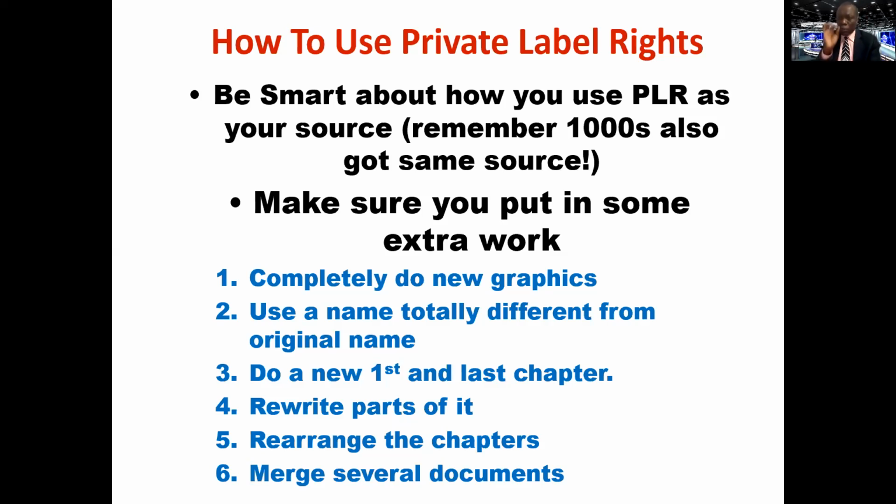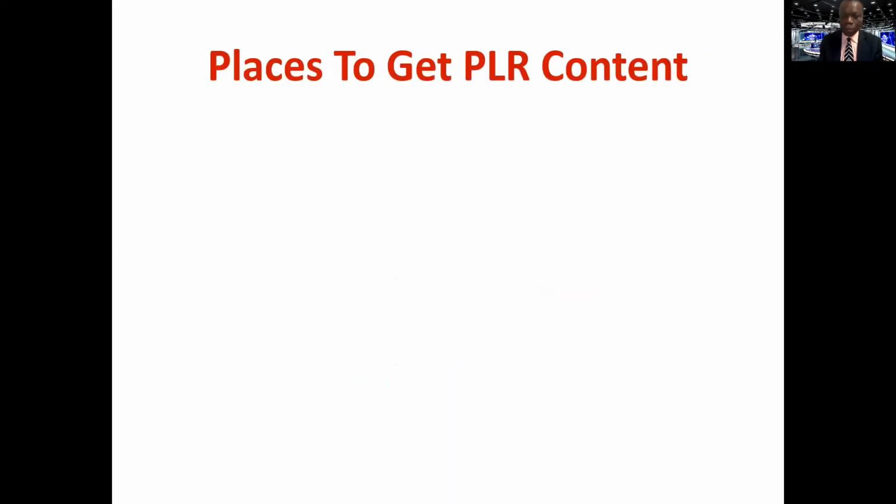Rewrite parts of the book. I'm talking about the chapter headings now. And if you still have time between now and Sunday, you can work a little bit on some of the content, but don't spend time on that. Rearrange the chapters. Merge several documents. My favorite is for you to merge 2 or 3 documents into one so that your book is bigger, it looks more serious, and then you're ready to go. Okay?